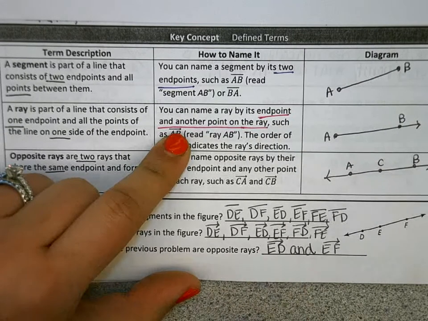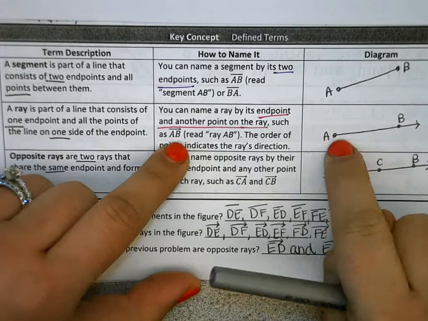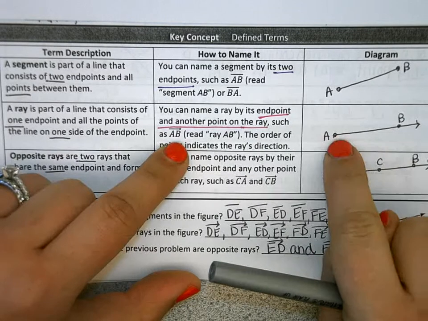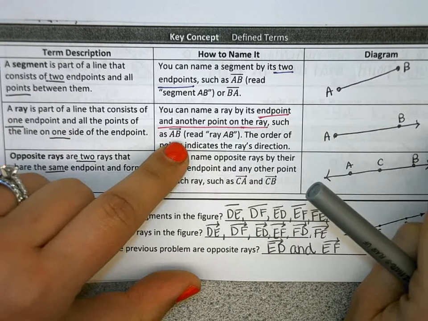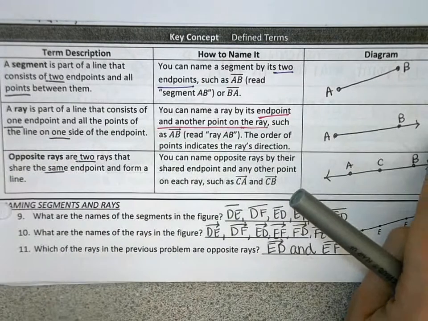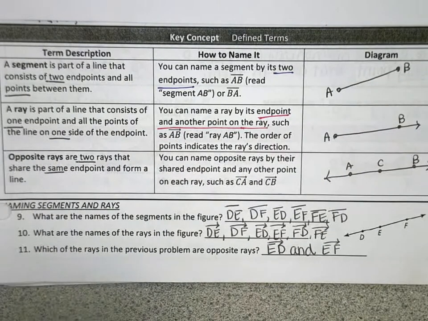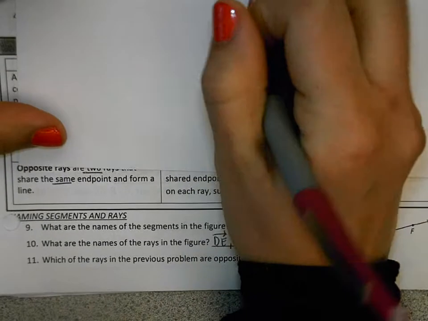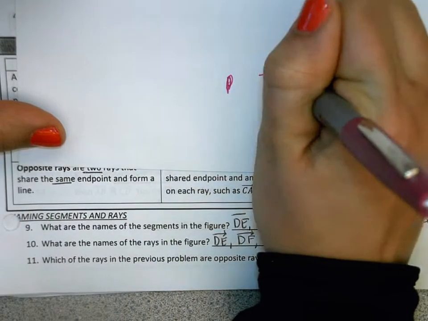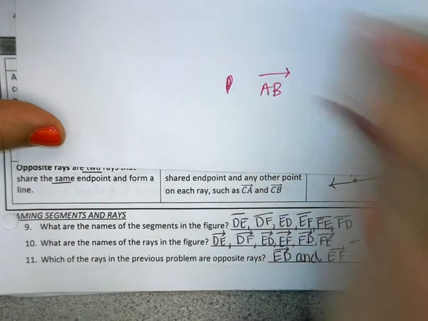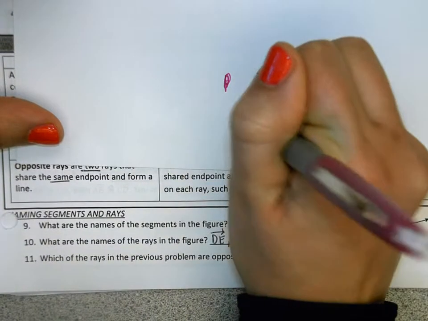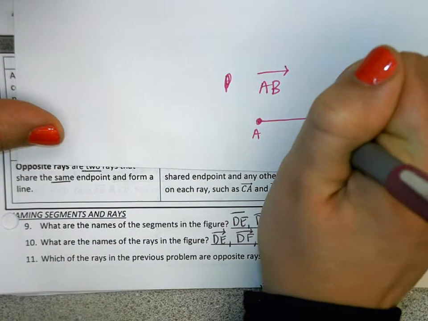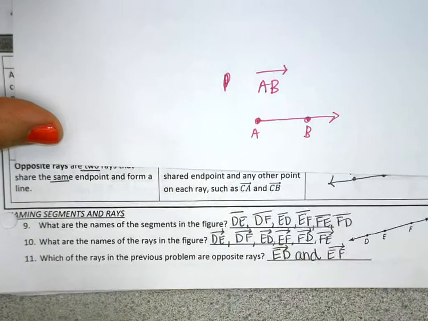So AB means that the endpoint is at A and then I'm going in the direction of B. Does that make sense? Ray AB would look like this, an endpoint at A and then it's going in this direction towards B. That's what it would look like.